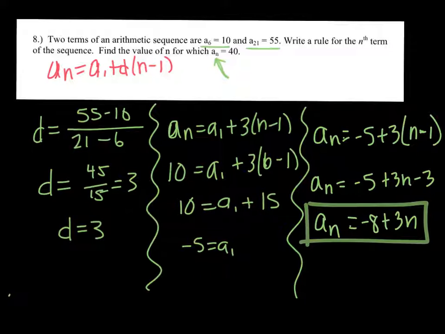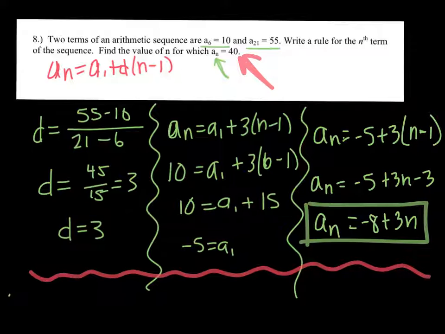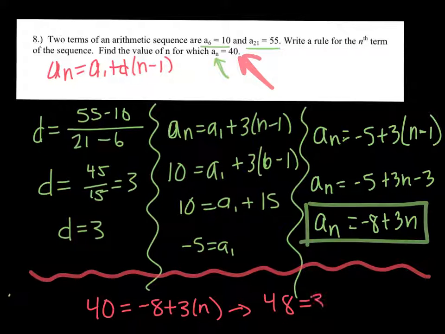But then it asks us to find the value for which a sub n equals 40. So all that means is that you're going to plug in 40 and find n. So 40 equals your first term, which is negative 5. And actually, since I have my rule, I can just go right to that rule. So 40 equals negative 8 plus 3 times n. So I'm going to add that 8 and make this 48 equals 3n.